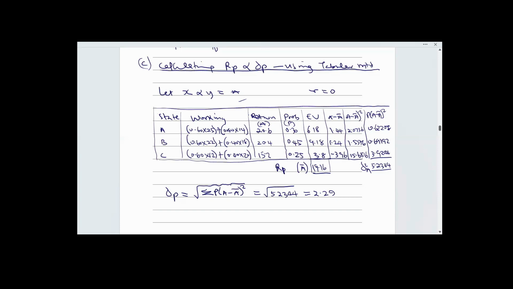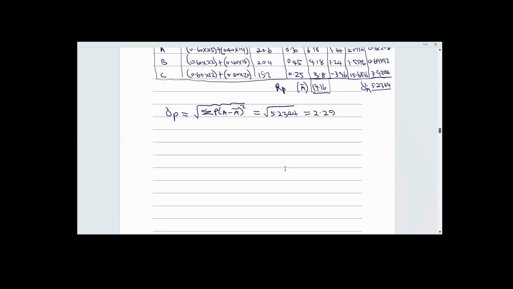So let's go to the next one, which is number D. The examiner wants us to calculate the same thing, the return of the portfolio, but in this case, you are supposed to use general formulae. The examiner wants us to use formula to get the same thing.